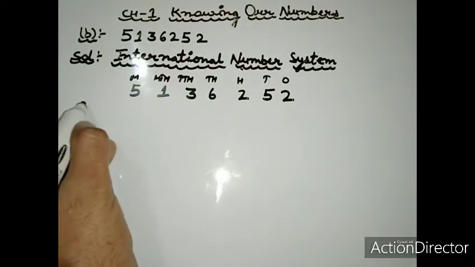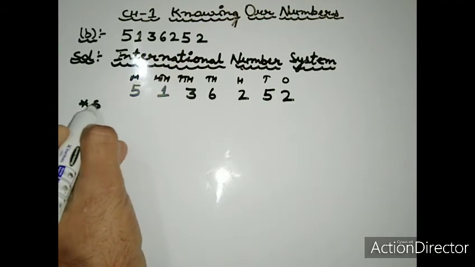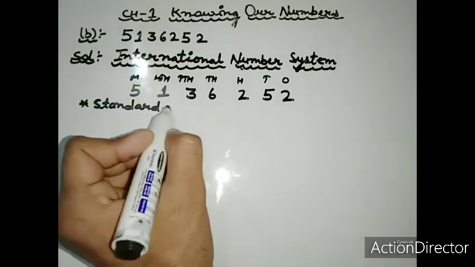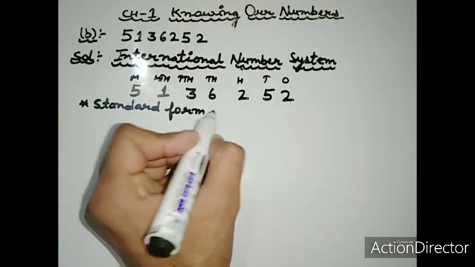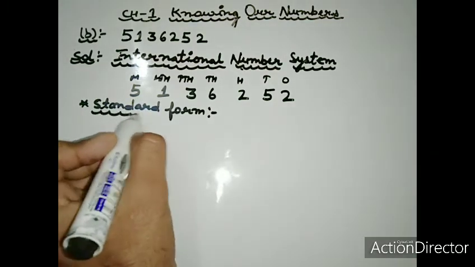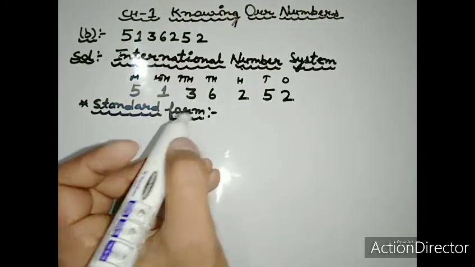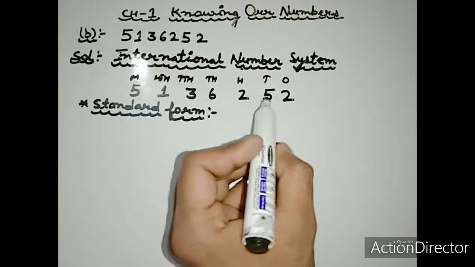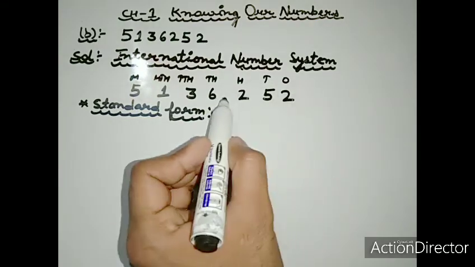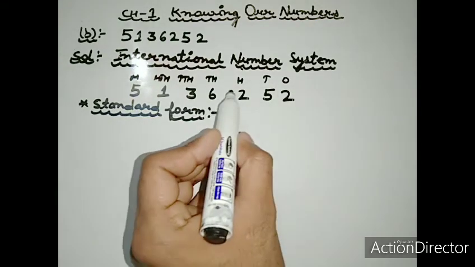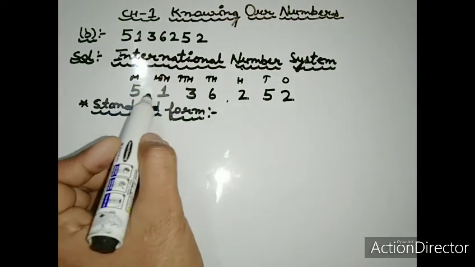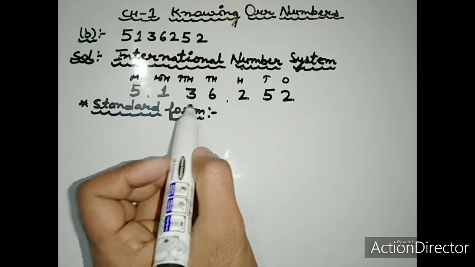Now we write the standard form of this number. So here we separate the different periods by using comma here. So here we separate ones period by using comma here, and separate from the 1,000 period, and 1,000 period separate from the million period by using comma here.